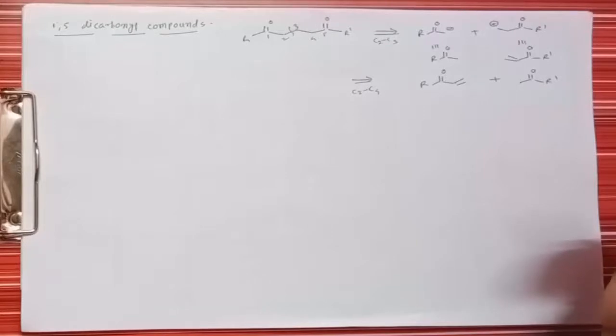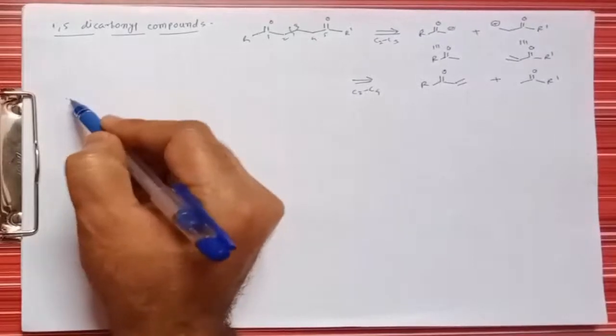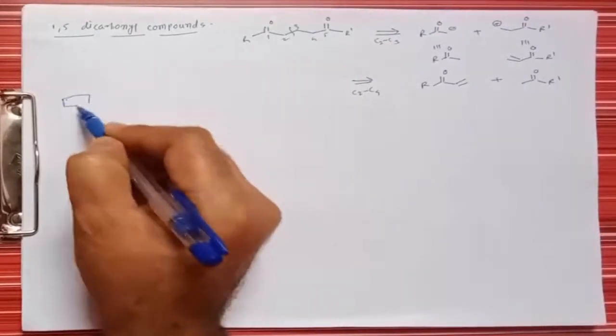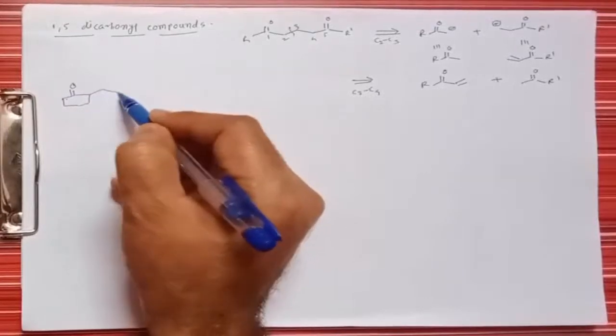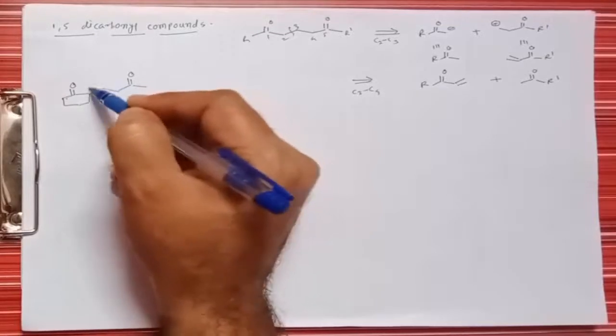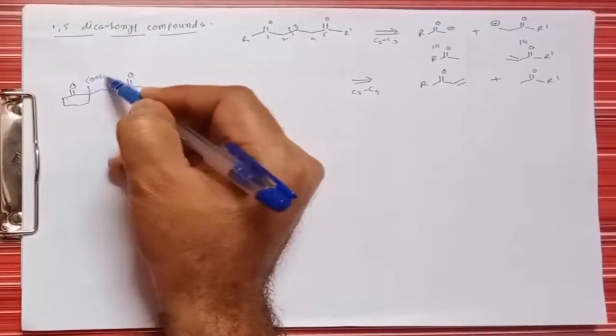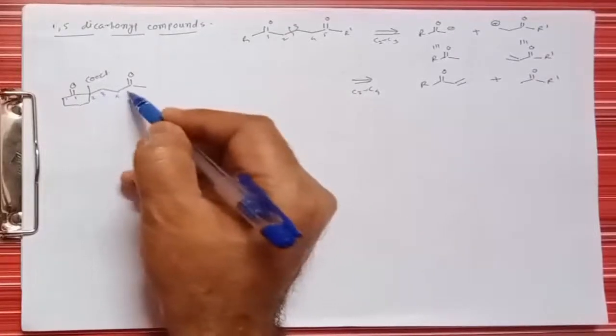So let us take a target molecule for this 1,5-dicarbonyl compound. Suppose there is a benzene ring containing a carbonyl group, then there is a 1,5-dicarbonyl pattern, along with a 1,3-dicarbonyl pattern as well: 1, 2, 3, 4 and 5.